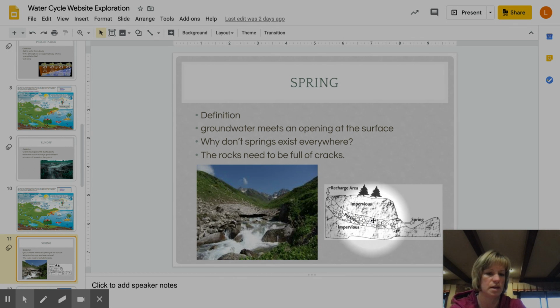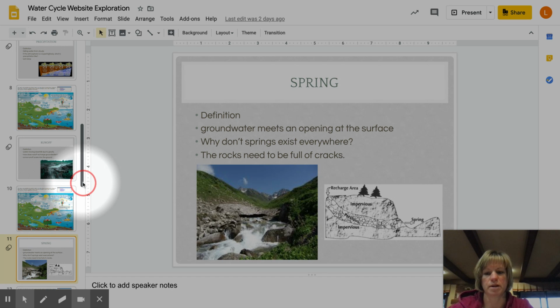This pervious layer would be more like a sandstone where water can come through. And so you'll notice that underground here, there must be a layer, kind of like a sandstone layer, where water can flow and it's meeting an opening at the surface. So spring water is truly a type of groundwater. I hope that made sense about rotating that, and you can see the geology, the rock layers underneath, and how that would make the spring.